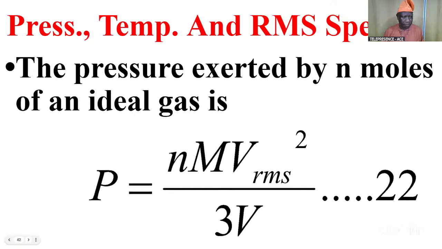So we start with pressure, temperature, and the RMS speed. As we earlier discussed, we mentioned the importance of pressure in molecular motion. So we came out with equation 22, if you can remember, where small n is the number of moles, and capital M remains your molar mass. So the RMS speed is the square root of it.